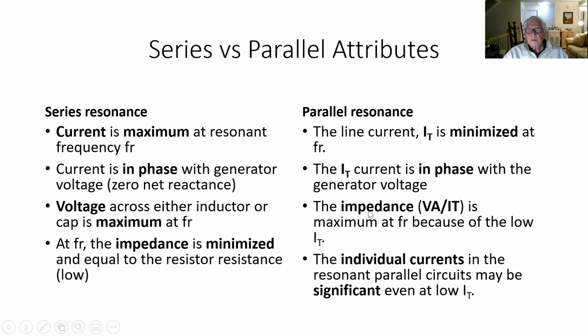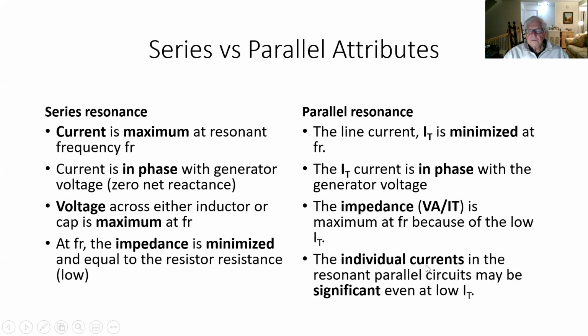Whereas in the parallel circuit, the impedance, which is the applied voltage over the current, is maximum at FR because of the low IT. If IT is very low, then the impedance VA over IT is going to be very high.